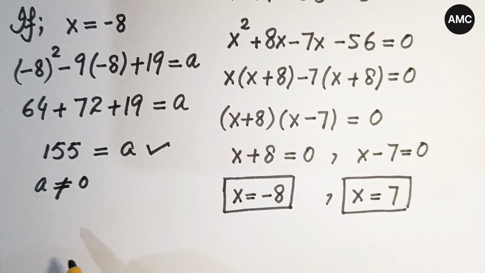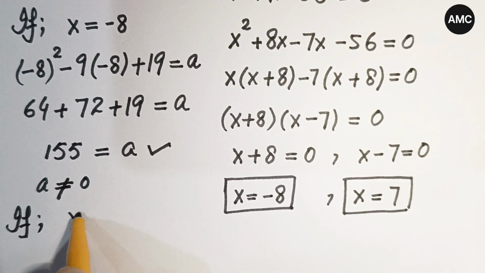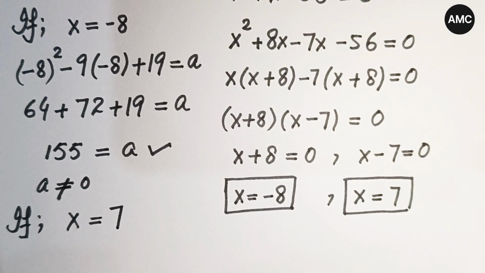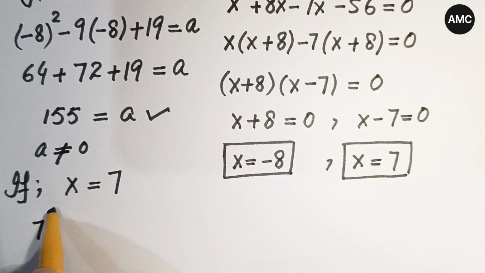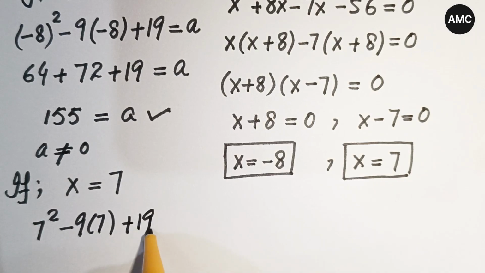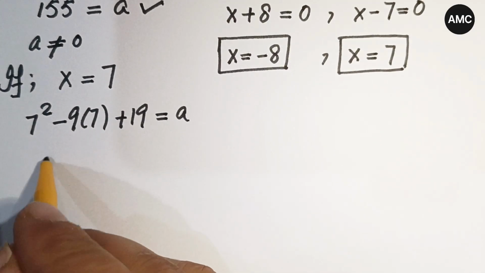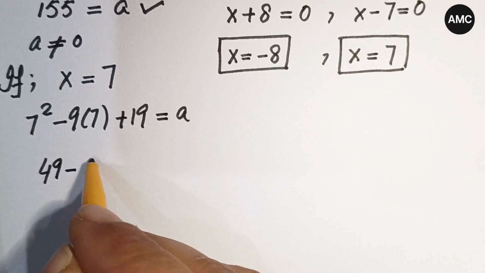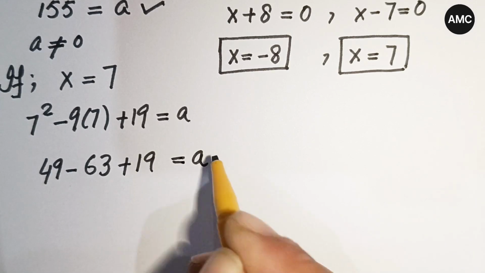Now putting x equal to 7, we have x² − 9x + 19, which will be 7² − 9 × 7 + 19 = a. Here 7² is 49, minus 9 times 7 is 63, plus 19 is equal to a.